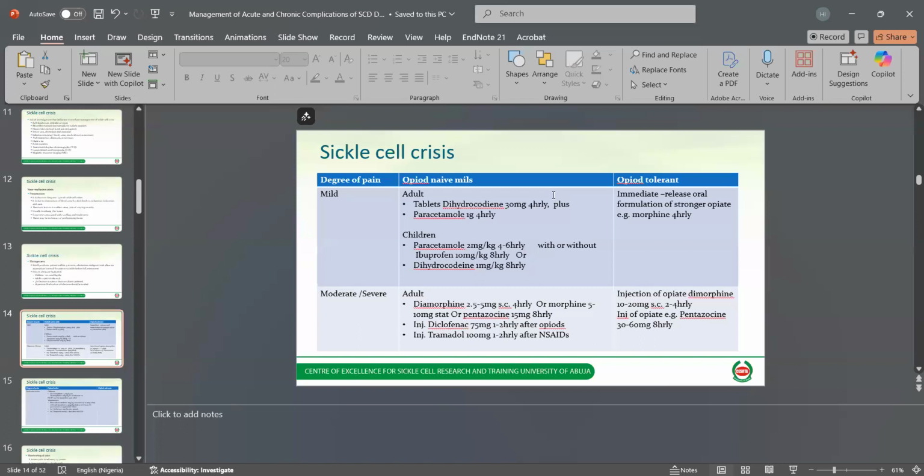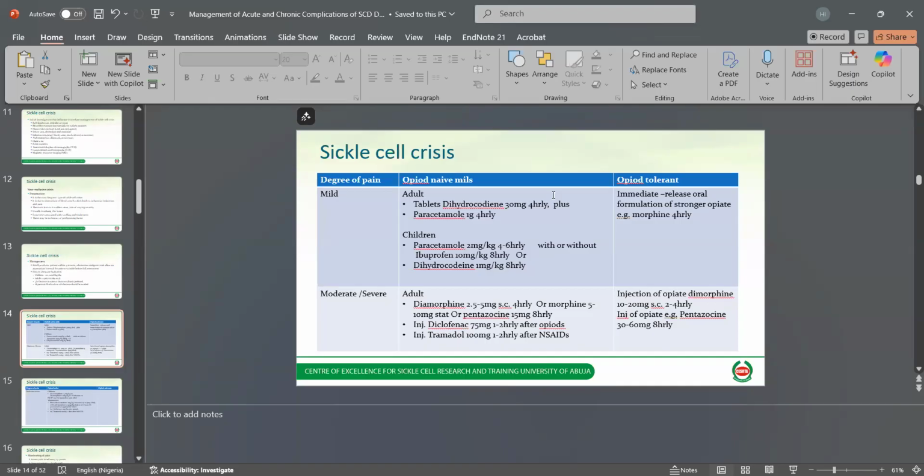So this is how to assess pain. The pain can be graded as mild or moderately severe. There are various tools of assessing the pain score.